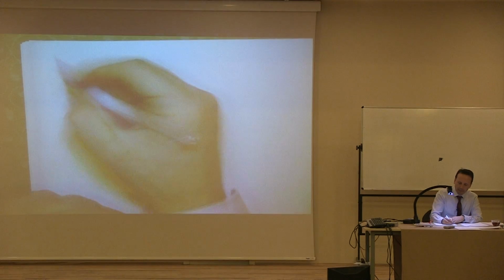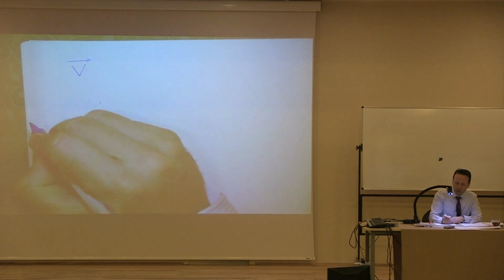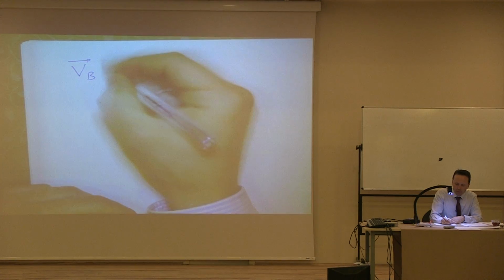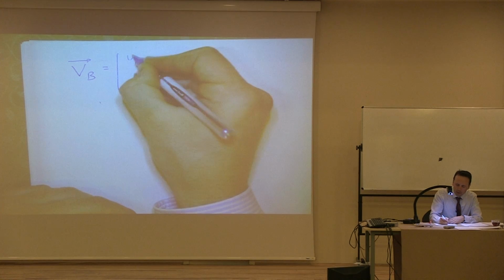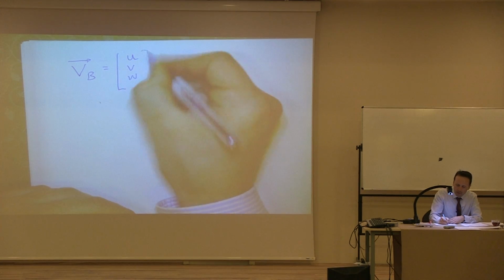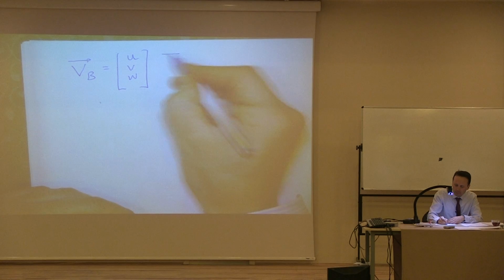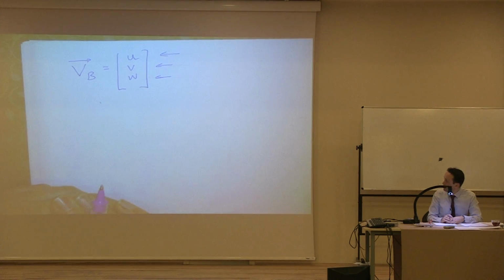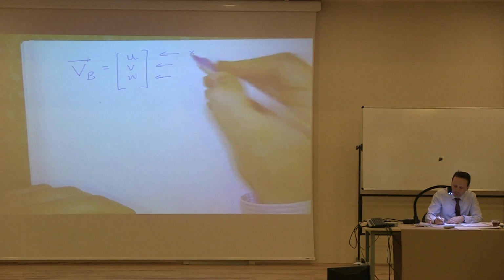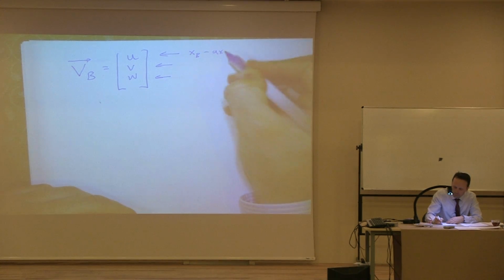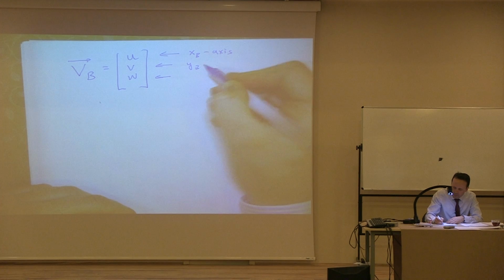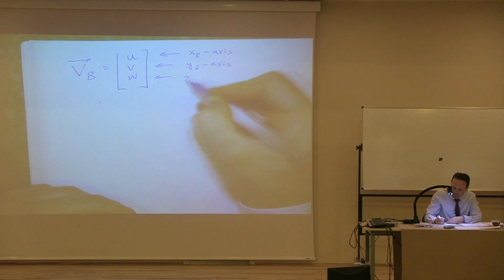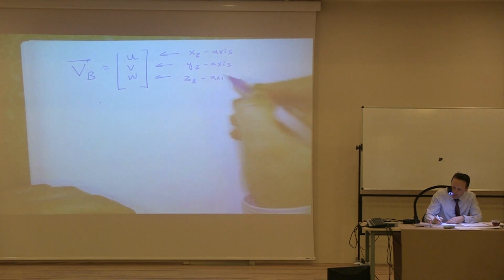So, we need to agree on one more thing. The velocity of the aircraft written in the body axis system, I will simply write u, v, and w, and these will be the components of the velocity of the aircraft in the xb axis, yb axis, and zb axis, and all in the inertial frame.